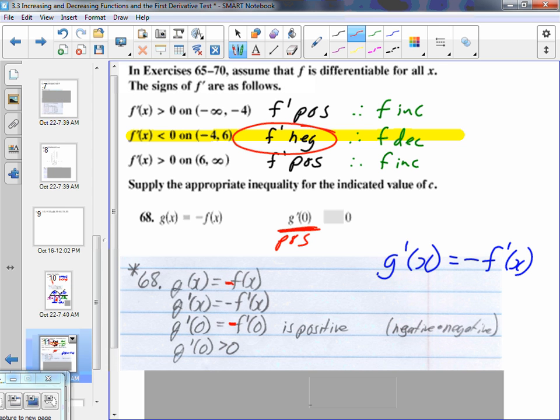So I've got a negative number times some other negative number. I don't know what it is, but I do know that negative times negative is positive. Because it's positive, if g prime of 0 is equal to a positive number, then g prime of 0 is greater than 0. Exactly.